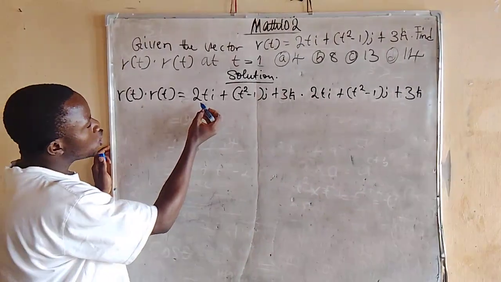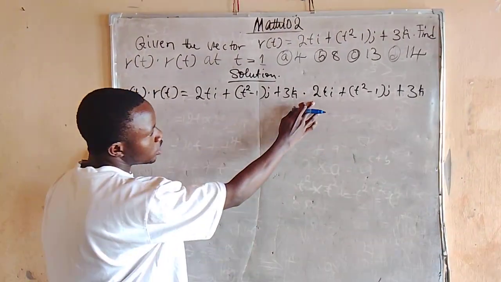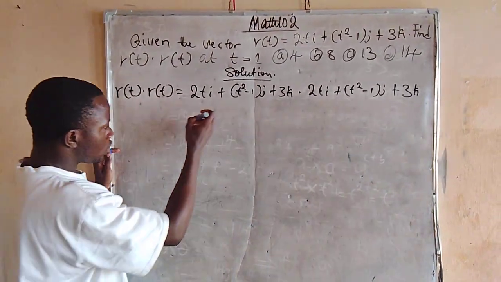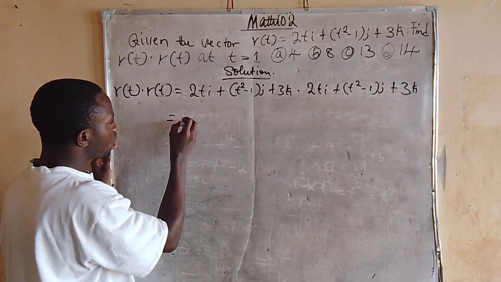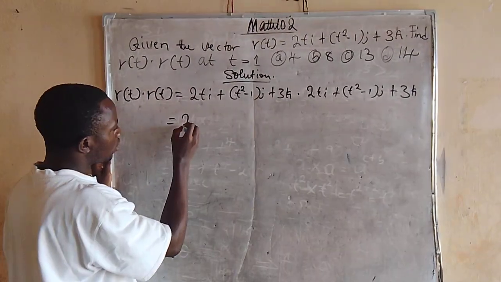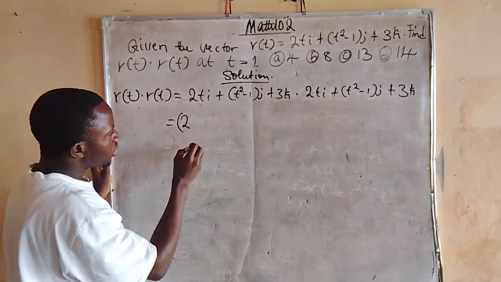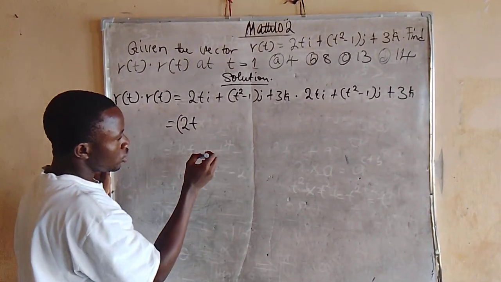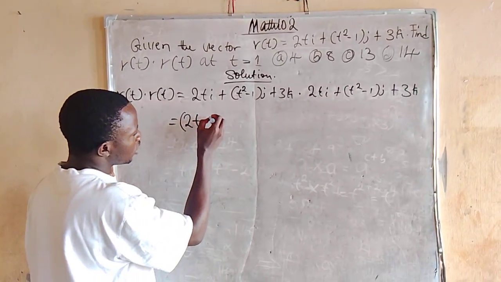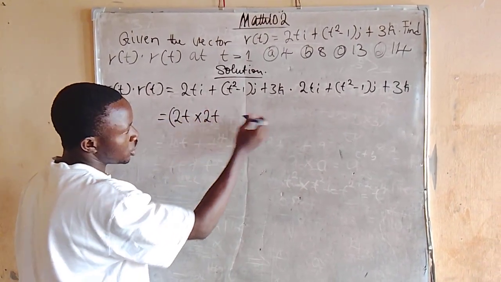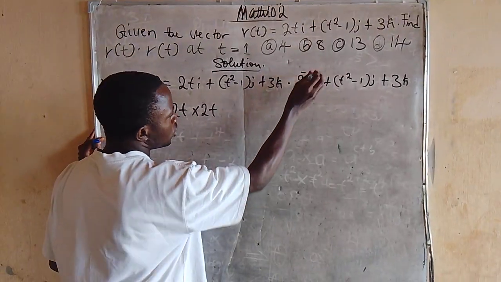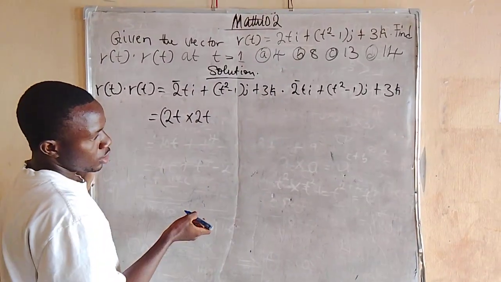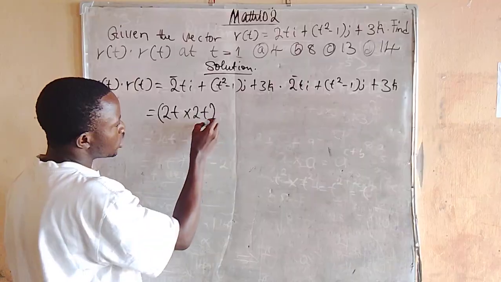So now we have 2t i, and on this side we also have 2t i, so I'm going to bring them together. This is equal to 2t multiplying 2t, and we close the bracket.